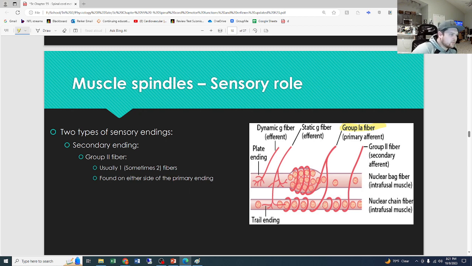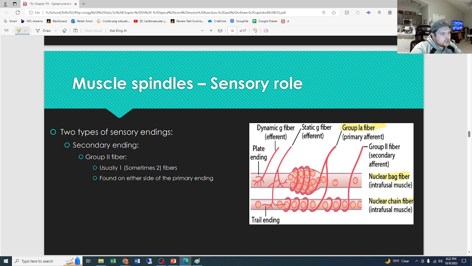We also have two different types of sensory tissue within the muscle spindle: the nuclear bag fiber and the nuclear chain fiber. The nuclear bag fiber is going to have those group 1A fibers wrapped around it.